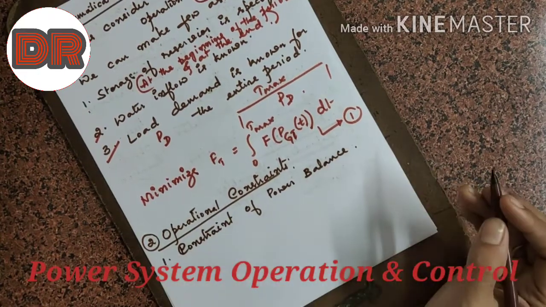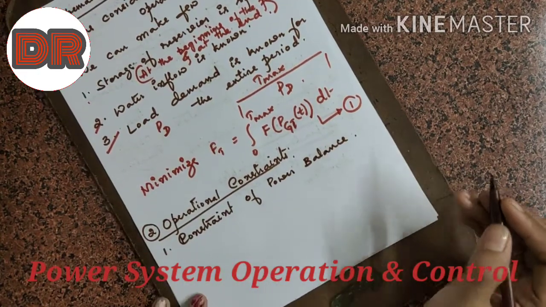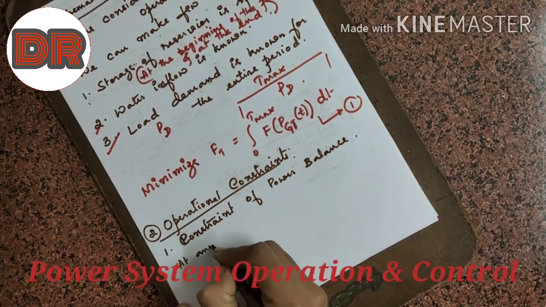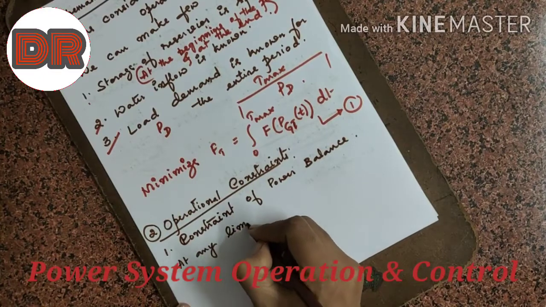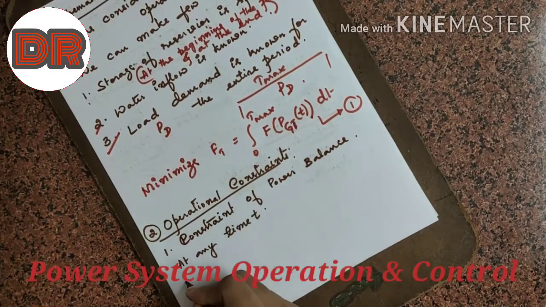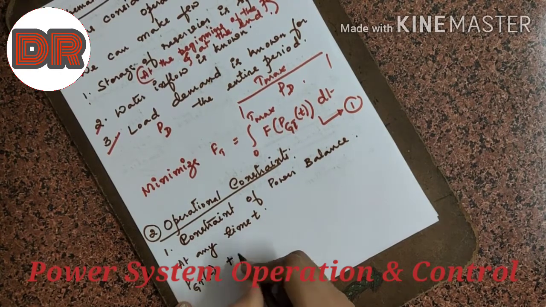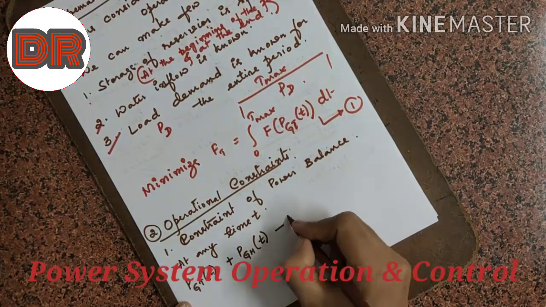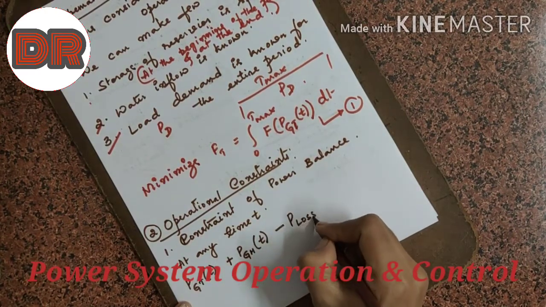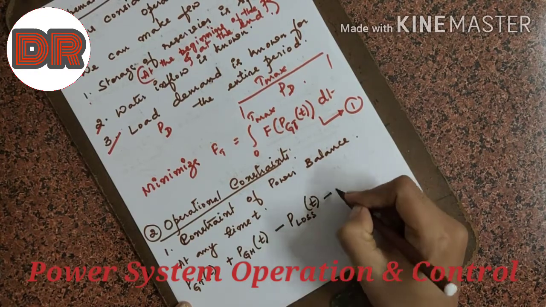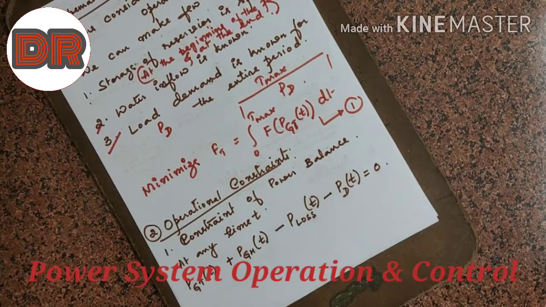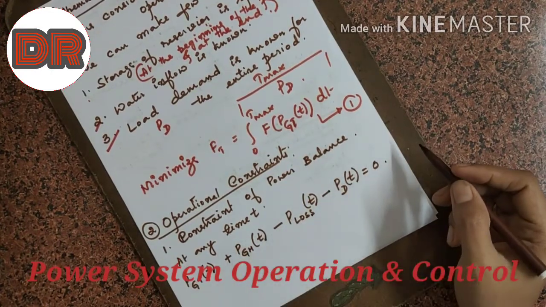So how to write power balance at any time interval t, at any time t: Pgt plus Pgh minus P loss minus PD is equal to 0. So this is a power balance equation we have seen before also.